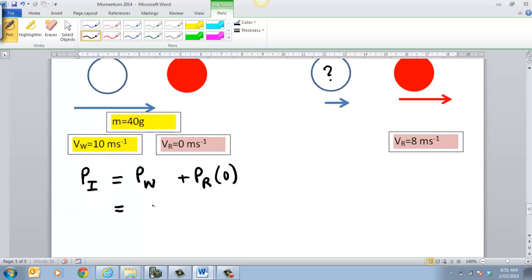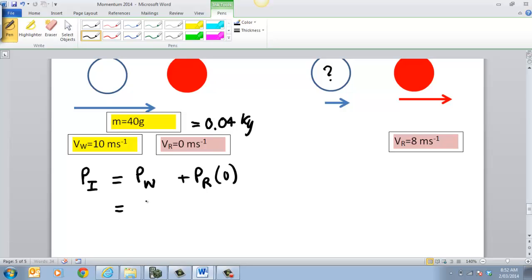So that's simply going to be mass times velocity. Actually, I don't need to write that in. We know what momentum is. So what's the mass of the white ball? Well, it's 40 grams. Now 40 grams, we have to divide that by 1,000 to get it to kilograms. So that's going to be 0.04 kilograms.